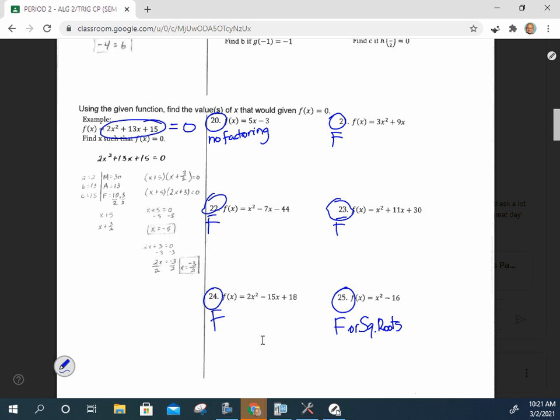Now, if you don't like factoring at all, any factoring problem, you can also use the quadratic formula. So just know that any factoring problem, if you absolutely do not want to do it that way, can be solved using the quadratic formula. Just know the quadratic formula is this thing right there.